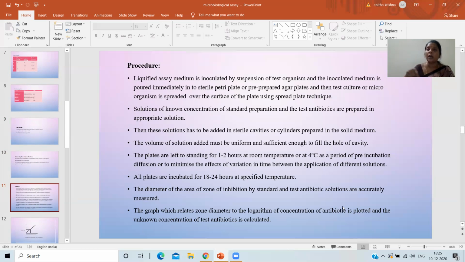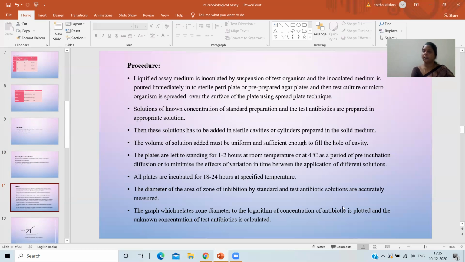So in order to avoid these variations in the time between the application of different solutions, you leave it for 1 to 2 hours as a pre-incubation period. Generally, you maintain it at 4 degrees for 1 to 2 hours, and then all plates are incubated for 18 to 24 hours at a specified temperature.